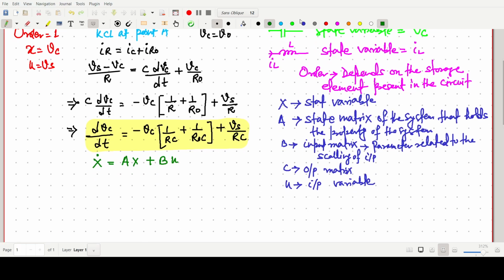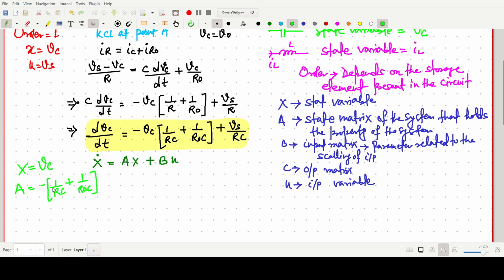Here we can say x is Vc. So what is the value of x? X is simply Vc. Clear? A parameter is minus 1 by RC plus 1 by R naught C. This is the state matrix of the system that holds the property of the system, and it is multiplied with the state variable.